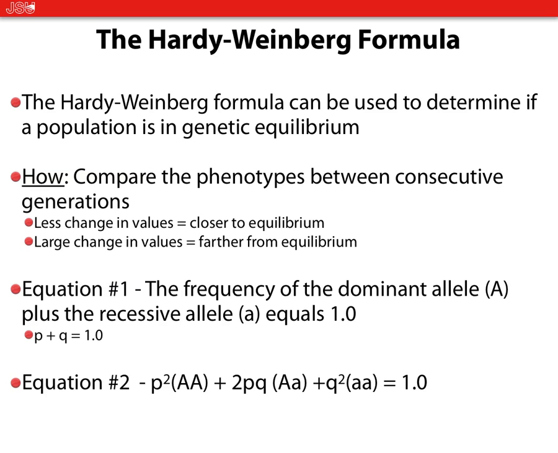So P squared is the amount of homozygotes. 30%, 70%. Let me say, 30% as a decimal is what? 0.3?